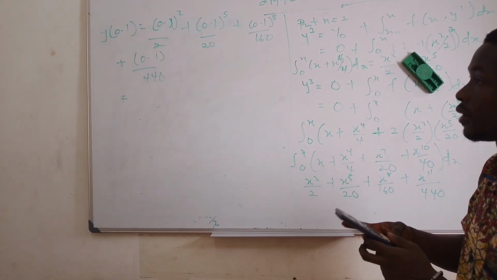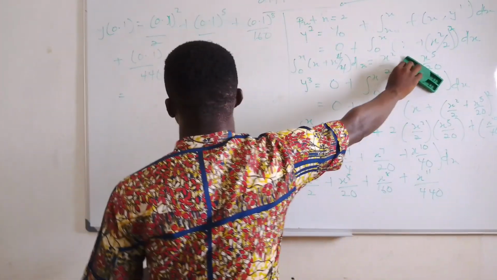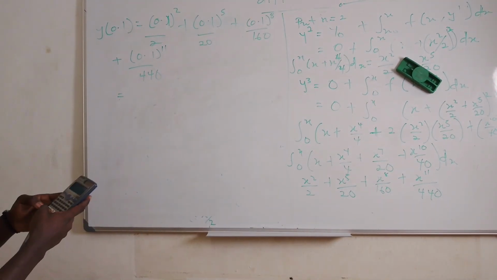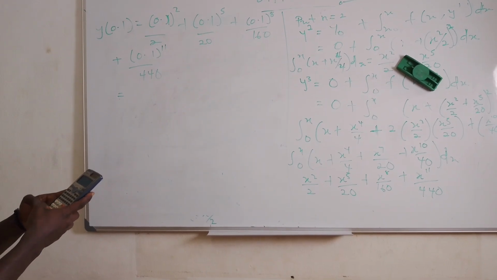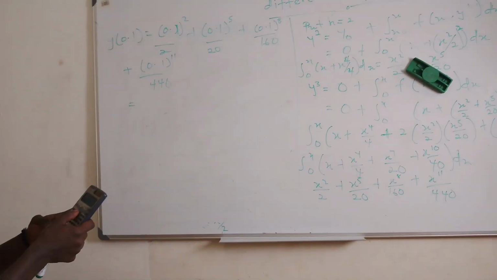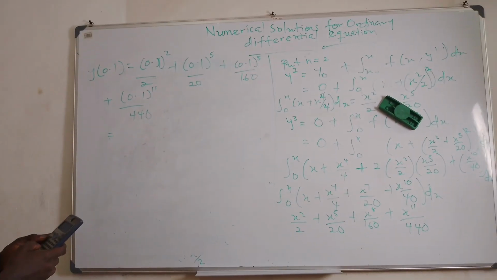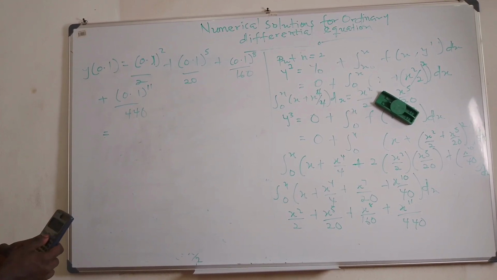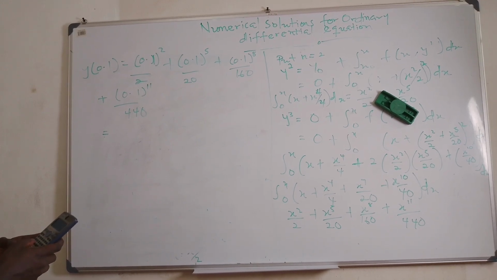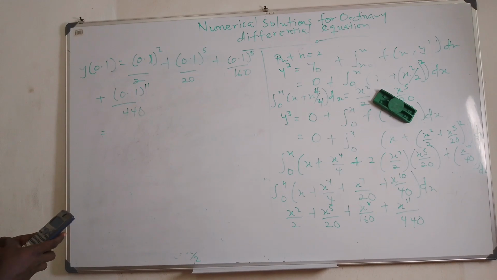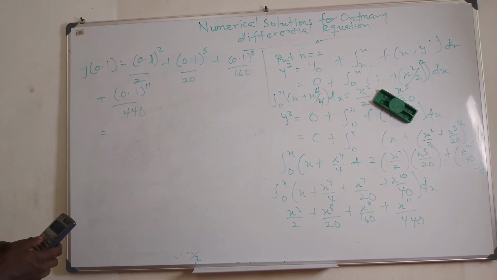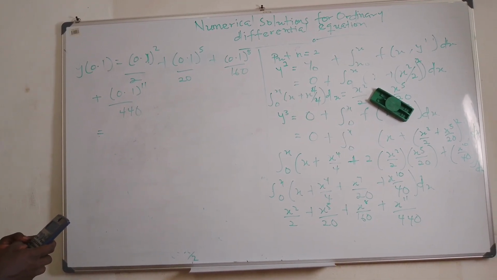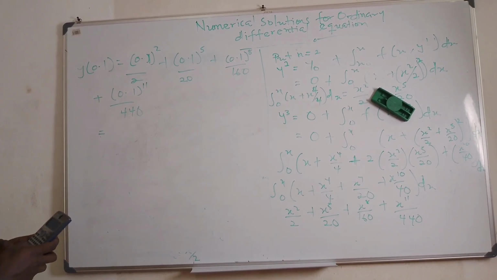So I get the last one. Very good. So you have 0.1 squared on 2 plus 0.1 power 5, plus 0.1 power 8 over 160, plus 0.1 power 11.